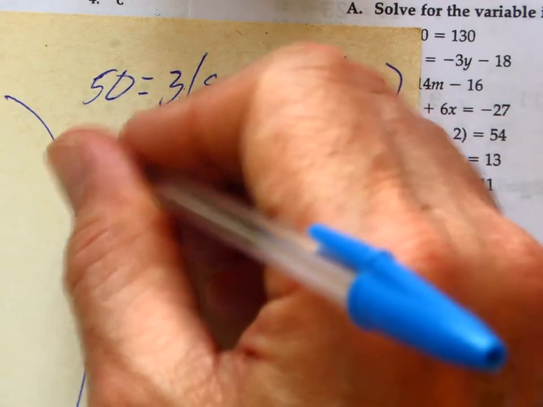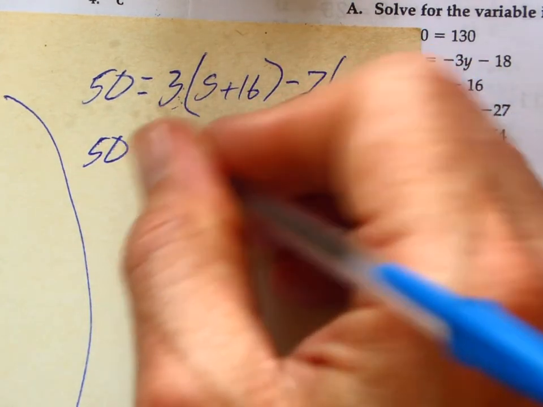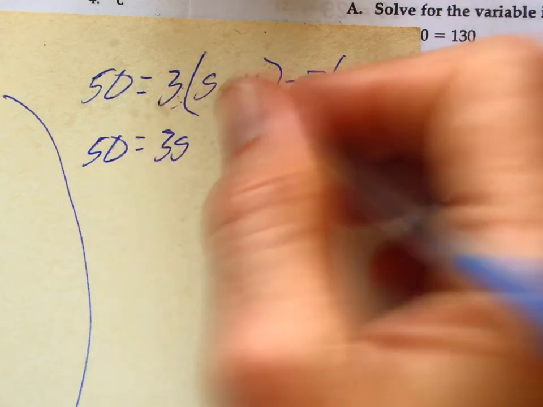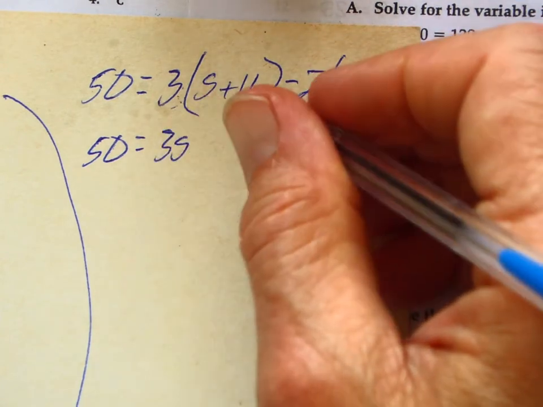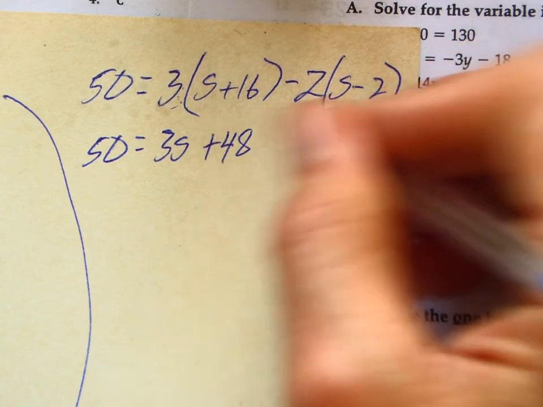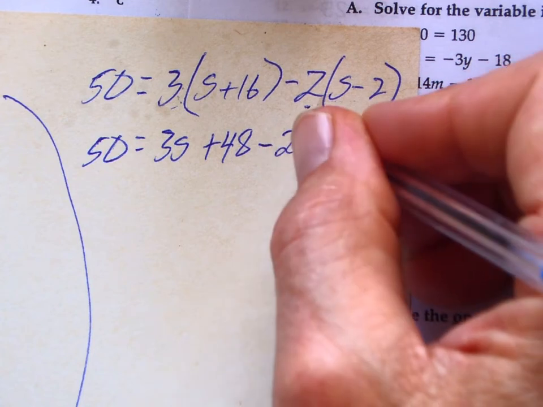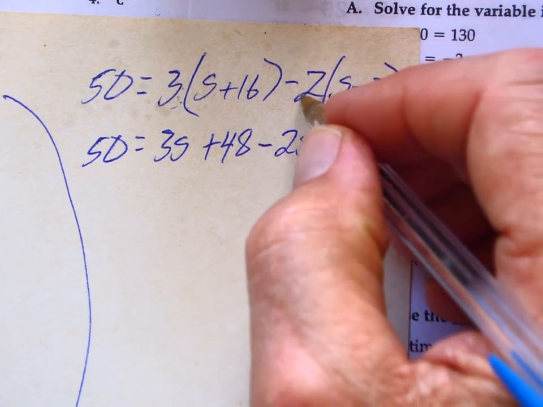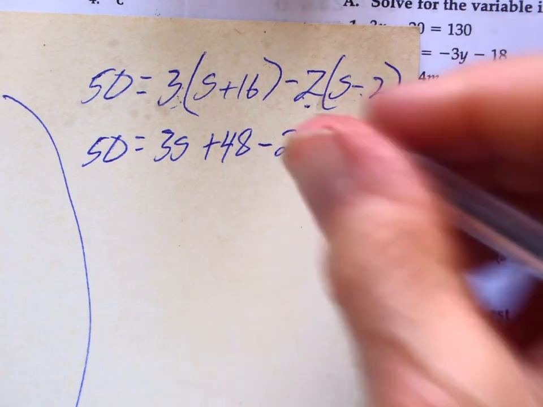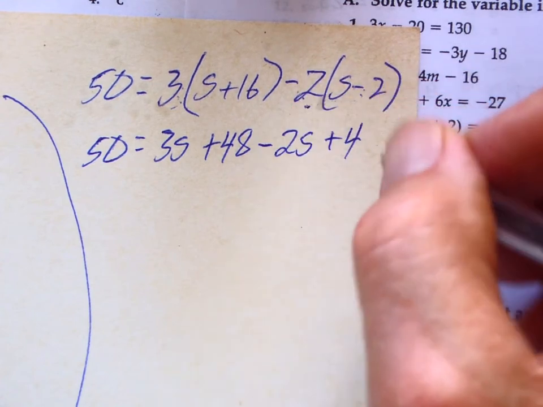Okay, so I end up with 50 equals 3 times s is 3s. 3 times 16 is 48. So it's plus 48. Minus 2 times s is 2s. And minus 2 times minus 2 is actually going to be plus 4, because you have a negative times a negative.